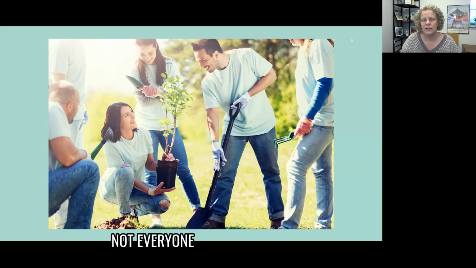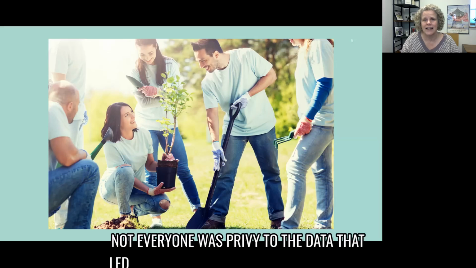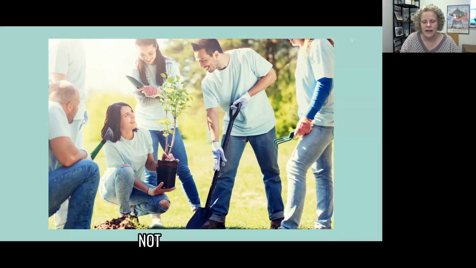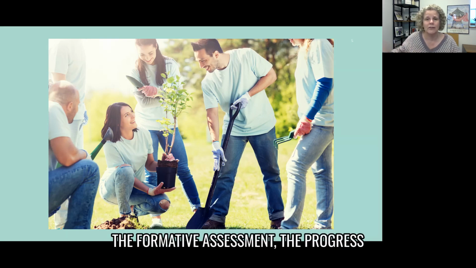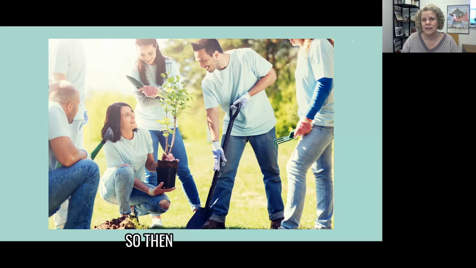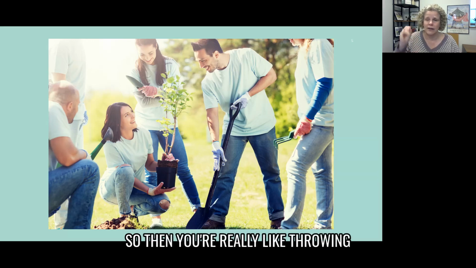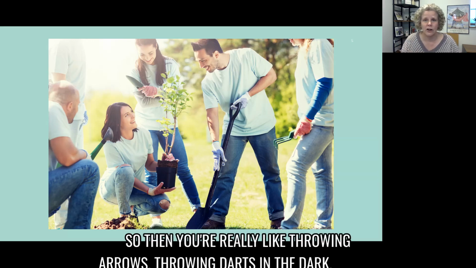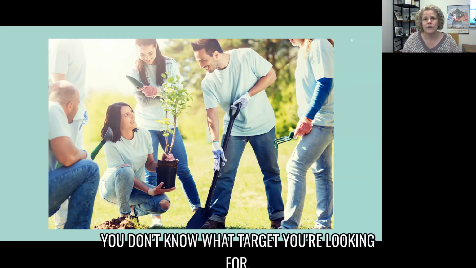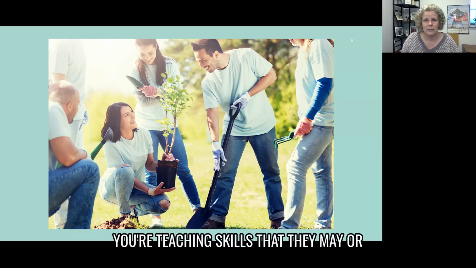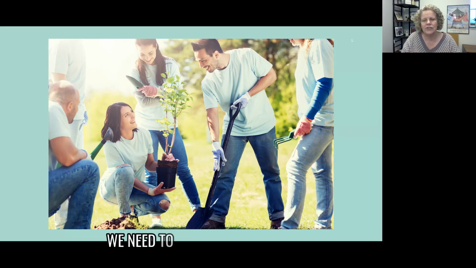Not everyone was privy to the data that led to putting the student in that group. Not everyone was privy to the formative assessment, the progress monitoring data. So then you're like throwing darts in the dark, right? Shooting at a moving target. You don't know what target you're looking for. You're teaching skills that they may or may not need. We need to get very targeted and explicit.